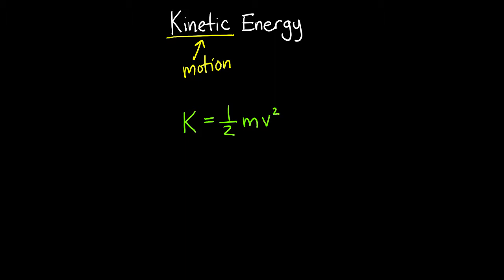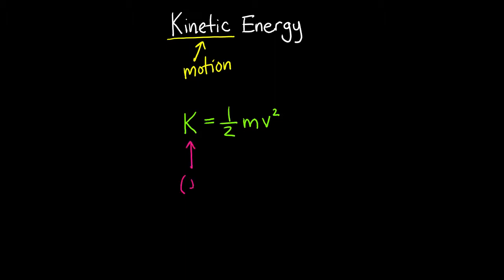And let's talk about these units. Kinetic energy is measured in the unit of a joule. And if you think about the units that mass and velocity are measured in, you can actually go back and think about what a joule really is as far as the units that are in its derivation.